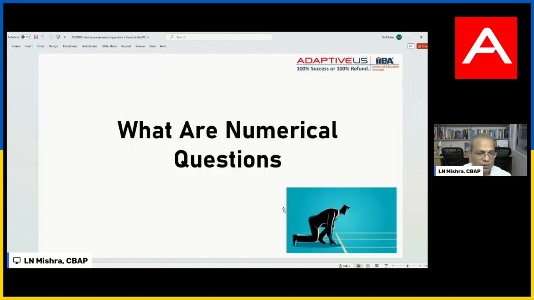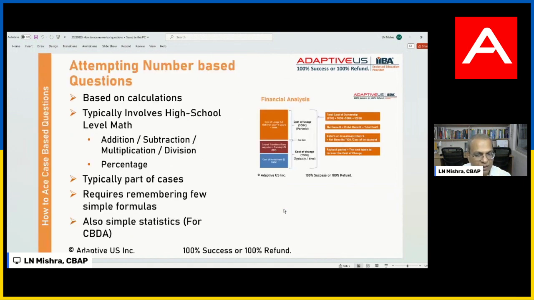So first question, what are numerical questions and how do they play a role as a business analyst? So a lot of times we actually have to find out the value of investments or calculate certain aspects about a particular project. So numerical questions are based on calculations. So there are formulas in BABOK, and we would be using those formulas to calculate certain numbers for ourselves.